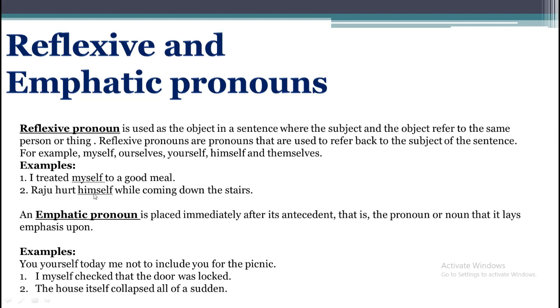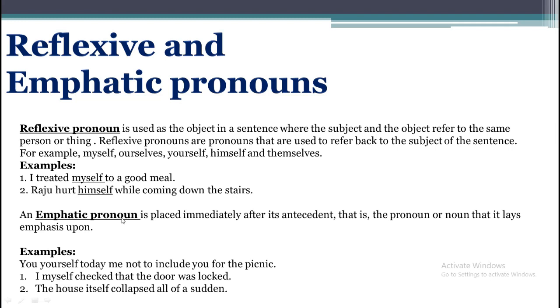Raju hurt himself. Now Raju is the subject, he did an action, he hurt, but whom did he hurt? He hurt himself only. So the object and the subject refer to the same person, which is Raju. So Raju hurt himself while coming down the stairs. This himself is a reflexive pronoun.